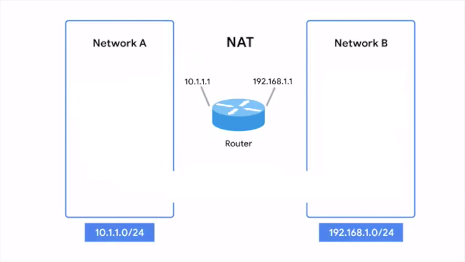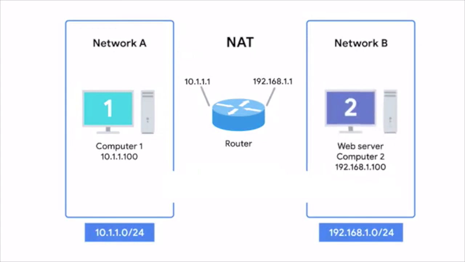Now, let's put two computers on these networks. Computer 1 is on network A and has an IP of 10.1.1.100. And computer 2 is on network B and has an IP of 192.168.1.100. Computer 1 wants to communicate with a web server on computer 2.